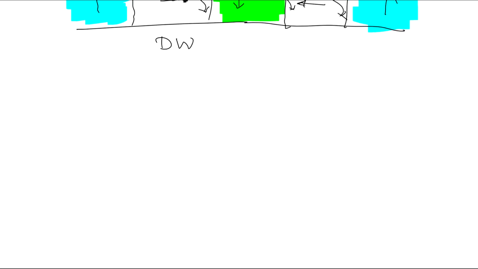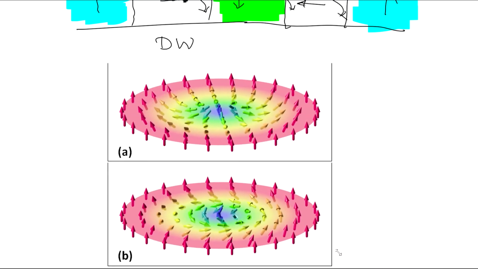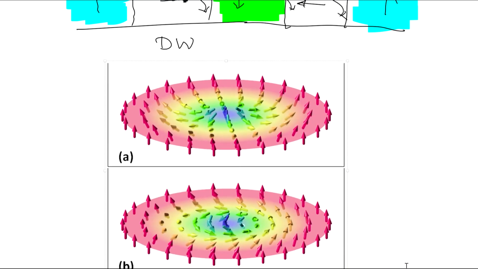Now here is a simulation of these types of domains. You can see that the surrounding area here is magnetization pointing up. And this is a small domain, and you can see that this domain can be extremely small.